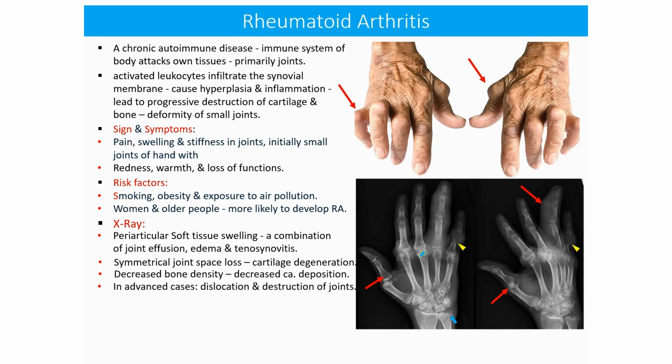Number four, in advanced cases, deformity in the shape of dislocation and destruction of the joint may occur. Treatment includes anti-inflammatory drugs, physical therapy, exercises, education of the patient, and surgery for deformity if needed.